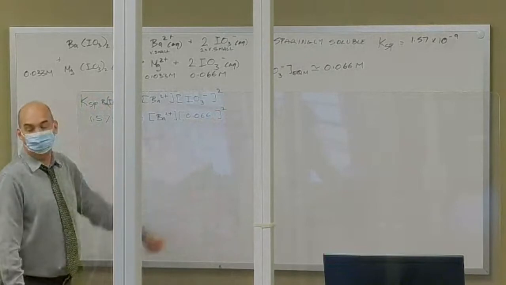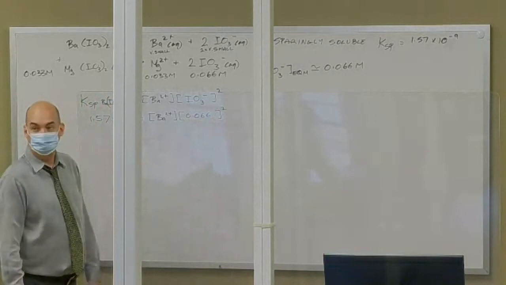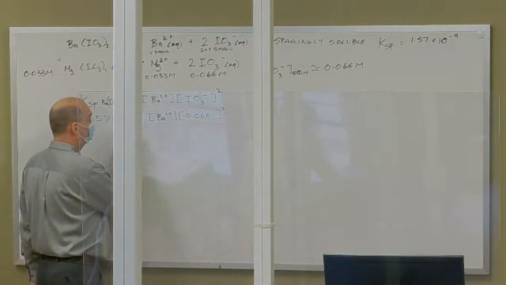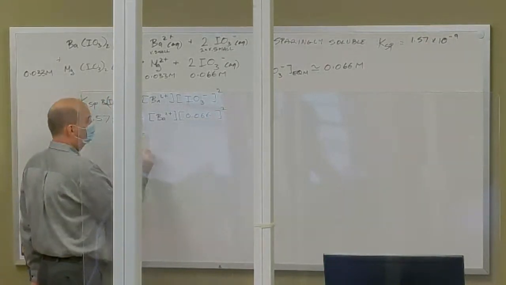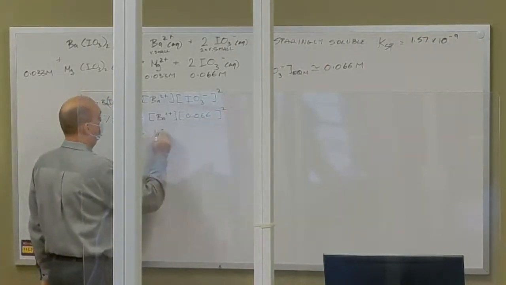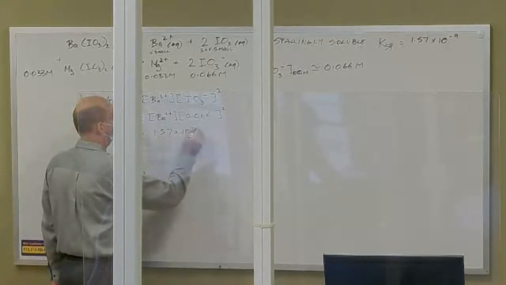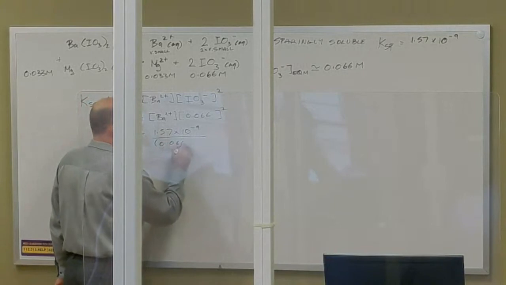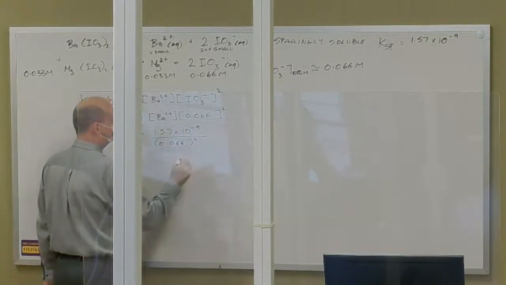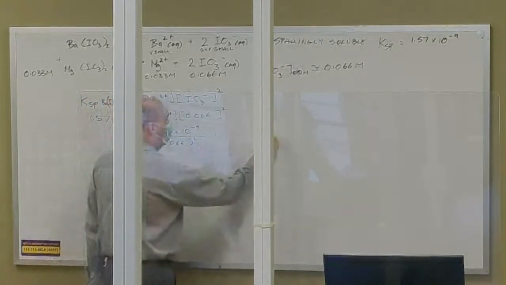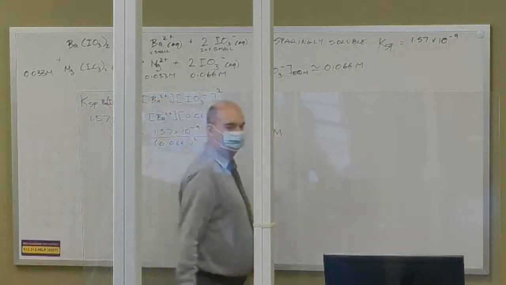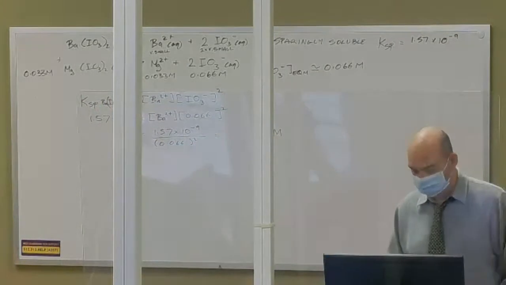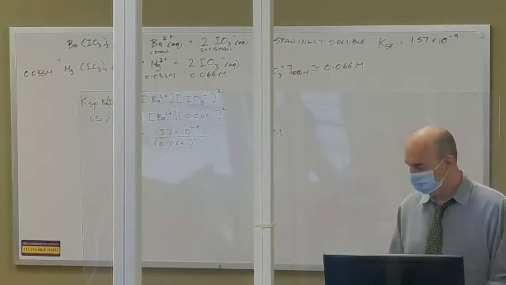So I have 2 sets of numbers in this equation already, which tells me that Ba2+ gets to be 1.57 times 10 to the negative 9 divided by 0.066 squared. That comes out to be in moles per liter. I do know what that number is, but you go find that number.